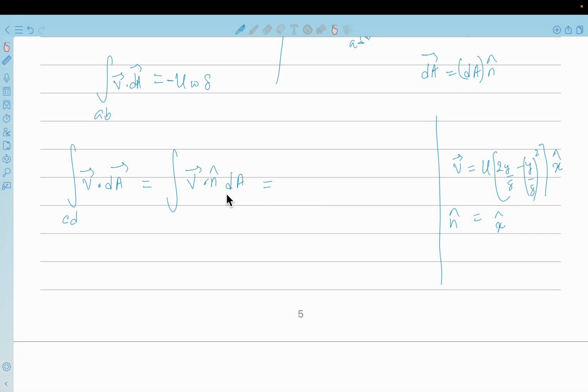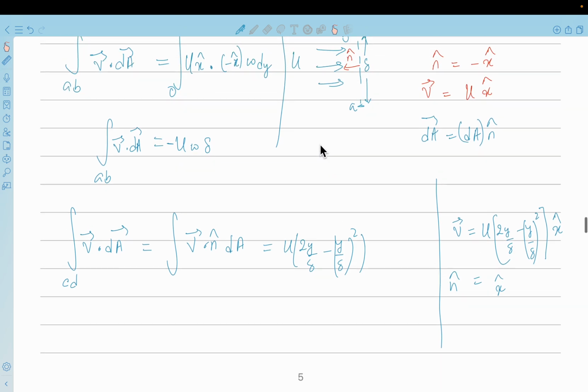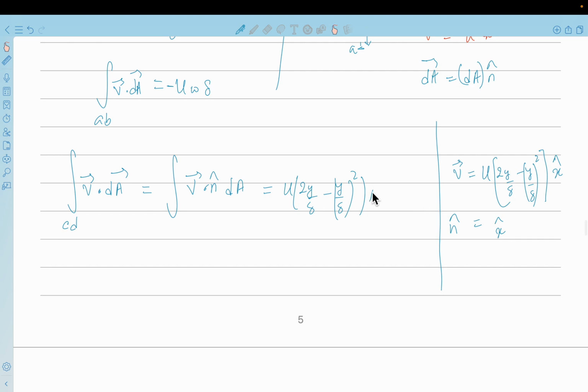V dot n cap dA integral can now be written as u into 2y by delta minus y by delta whole square. So V dot n cap, you can see it is x cap dot x cap, that leads to just 1, so I am not writing that. And dA, like you said earlier, it is w into dy. Okay? W into dy integral.